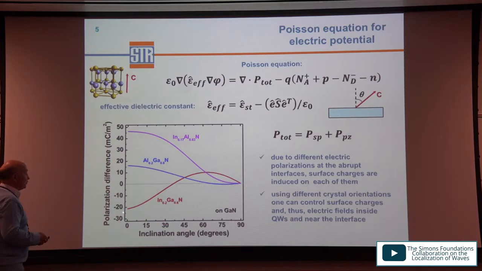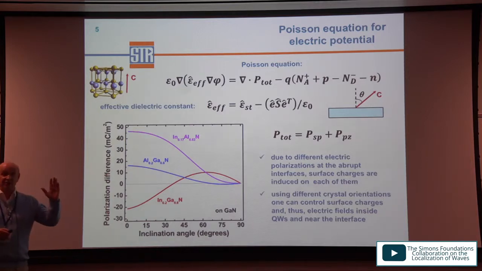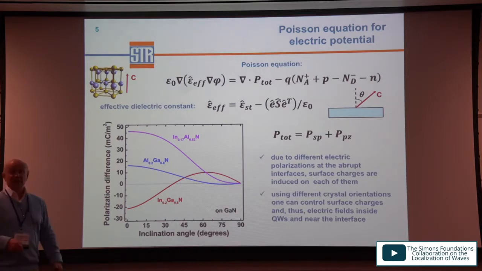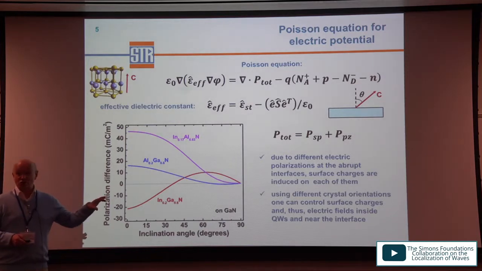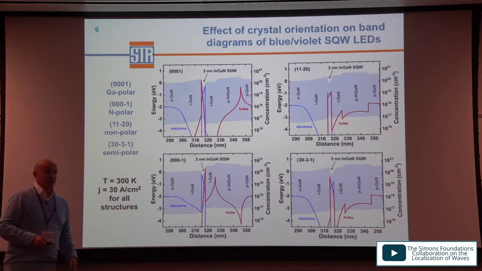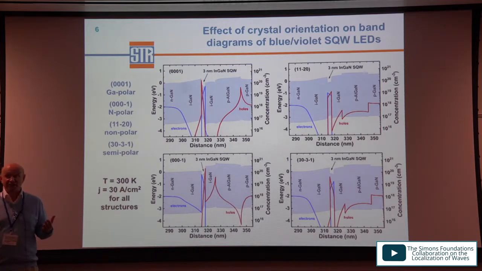So actually, if we have the normal nitride structure, in this case, every interface produces surface charge related to the discontinuity of the electric polarization. And you can see that we can control the polarization charge by a proper choice of the inclination in nitride heterostructure. Well, to what extent is it important to take into account the real polarization charge?